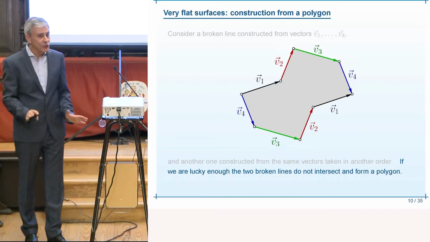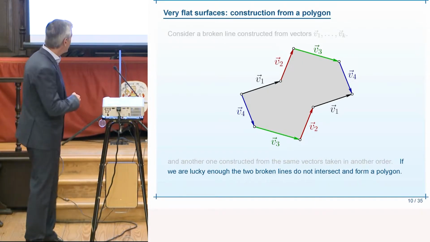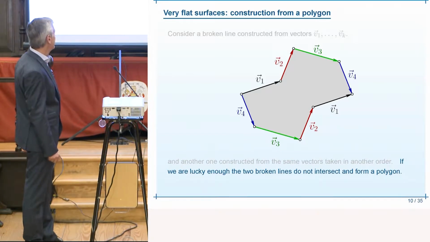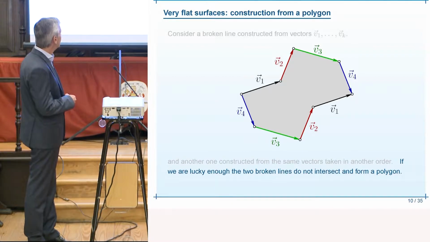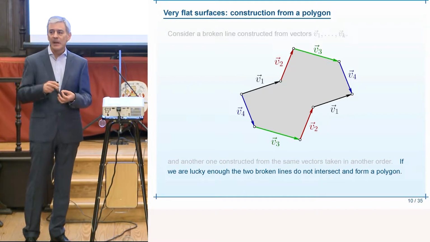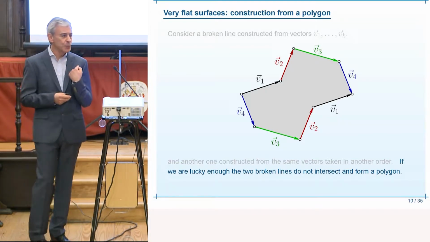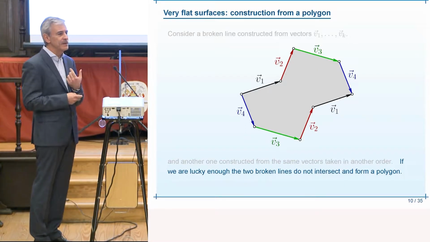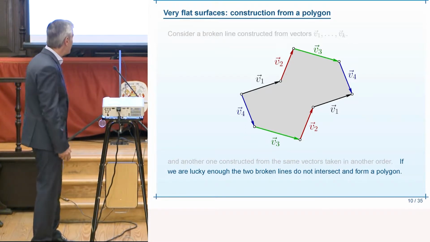Don't worry, there is no contradiction with the Gauss-Bonnet theorem because this flat surface has a conical singularity. All vertices of this octagon in this particular case would be identified to the same point, and this point will have conical angle 6 pi. So all troubles with curvature are hidden at this point.